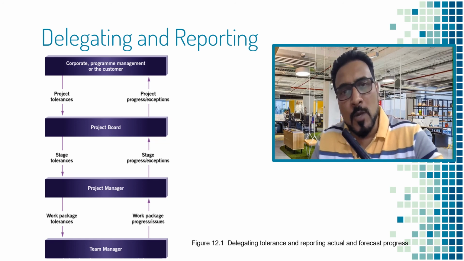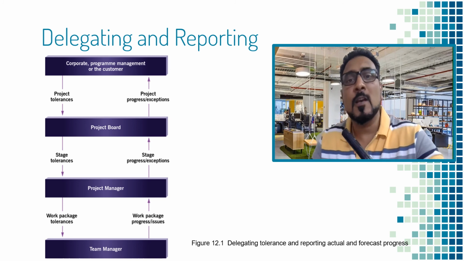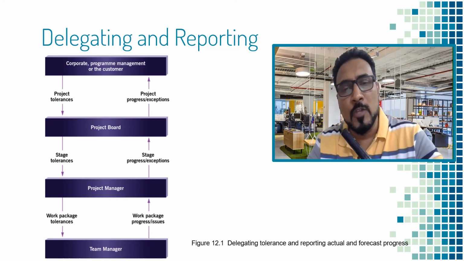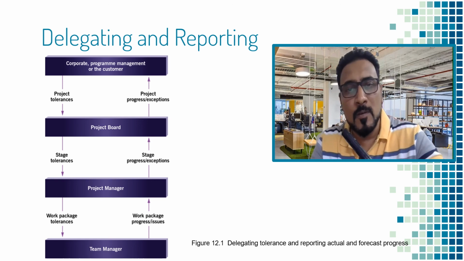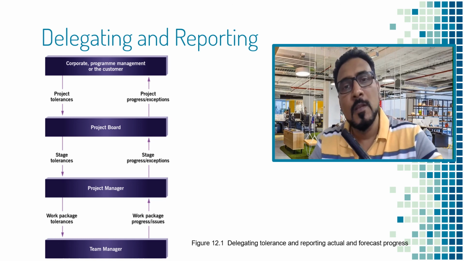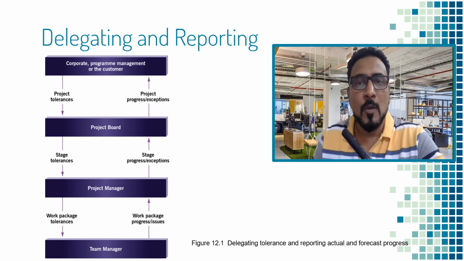Once all the work packages for that particular stage are completed, the completed stage goes back to the project board. Now in case there are issues found within the stage level itself and any stage goes into an exception situation, then an exception report is prepared and given to the project board. And then the exception mechanism will be put in place to ensure that it is brought back under control. And finally, the project board will give a completed project back to the corporate or program management.